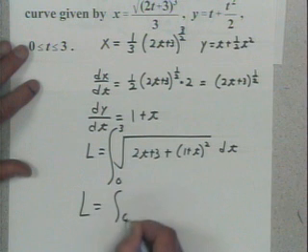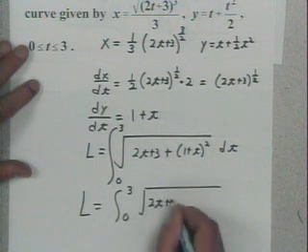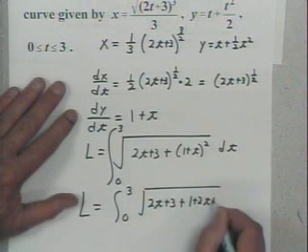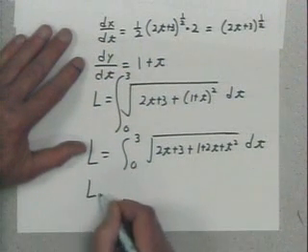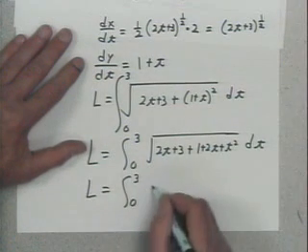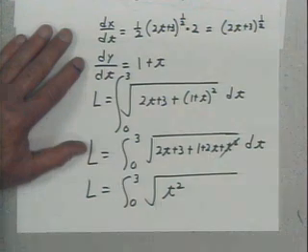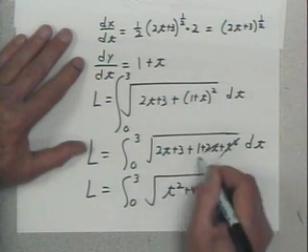L is the integral from 0 to 3. Under the radical I have 2t plus 3, but I also have 1 plus 2t plus t squared. You're going to be proud of me. Then I combined like terms under that radical and got a t squared. How many t's? 4 of them.